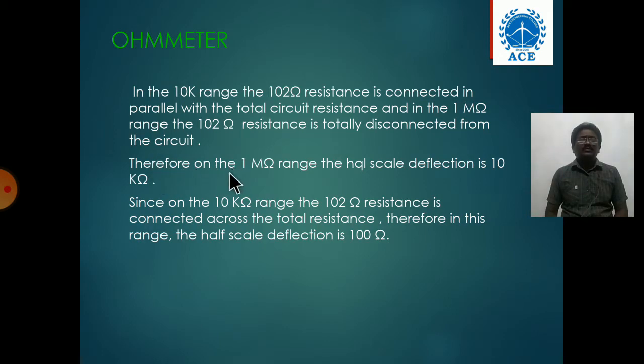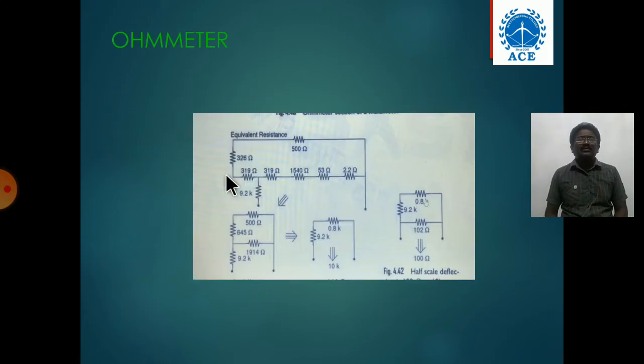Therefore, on the 1 mega ohm range, the half scale deflection is 0 kilo ohms. Since on the 10 kilo ohm range the 102 ohms resistance is connected across the total resistance, in this range the half scale deflection is 100 ohms. So you can observe like this.